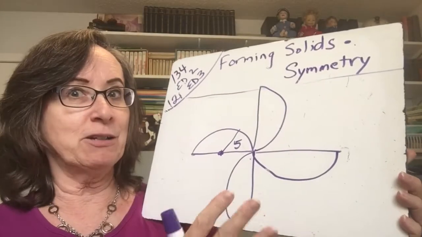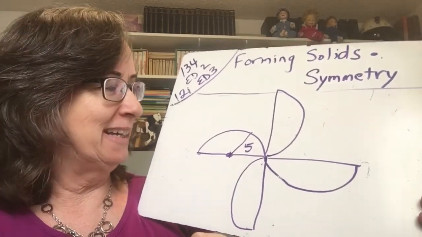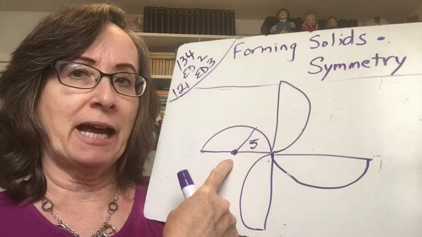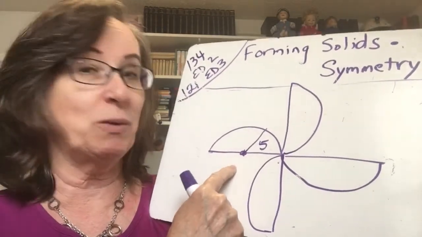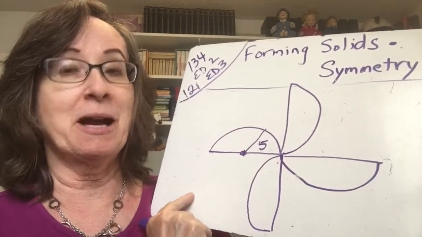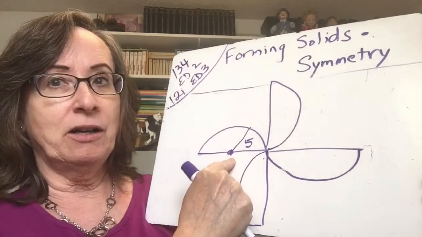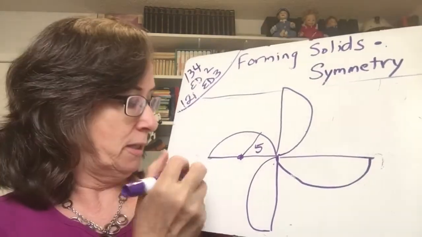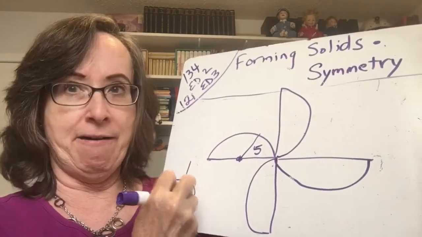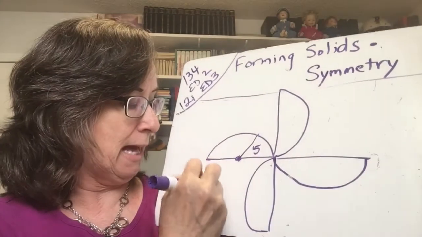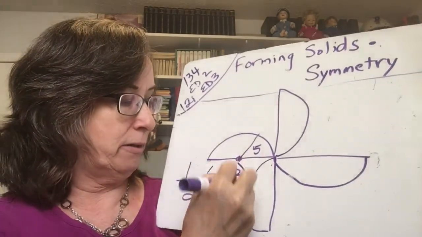Okay, so here's the figure, my best drawing. So they're all the same size. So if we can find the area of that one little piece, we'll have the area of the whole figure if we multiply that little piece by 4. So here we have 1/2 of a circle. So 1/2, and the area of a circle is pi r squared.